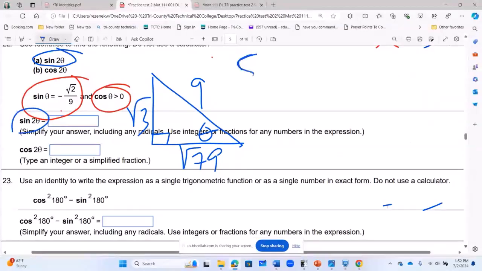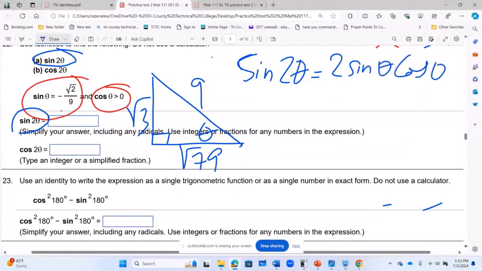So sine 2 theta is equal to 2 sine theta cos theta. And I already know sine. Okay, I know the triangle already.